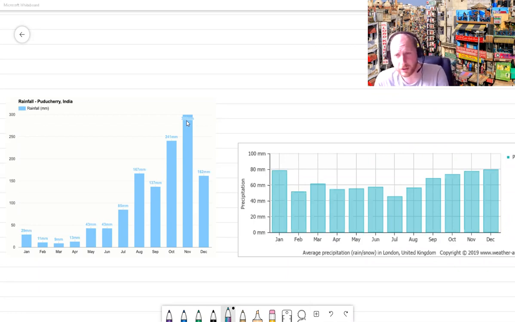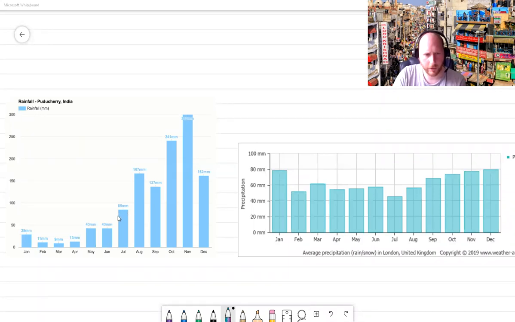Now, if we compare that with London, somewhere in the UK, the rainfall in London is pretty standard all year round. We have slightly drier months, we have slightly wetter months, but really, if you notice the numbers here, we come up to about 80 millimeters is the most you will get in any one month in London. Now, 80 millimeters is less than the July rainfall in Pondicherry.